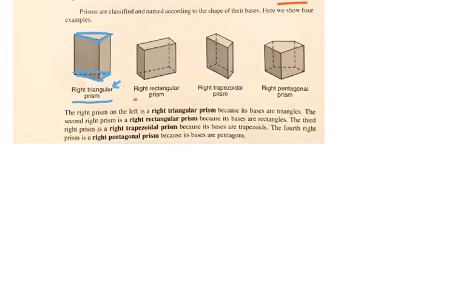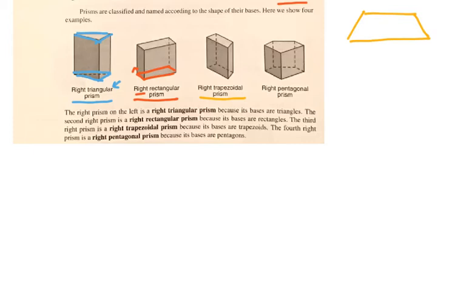The next one is a right rectangular prism, because again, we need to look at this base shape to decide that. And because it's rectangular, and because the edges are straight up and down, it's a right rectangular prism. And the next one is a trapezoidal prism, where the base of it, I'll just draw a trapezoid so we can remember what those look like.